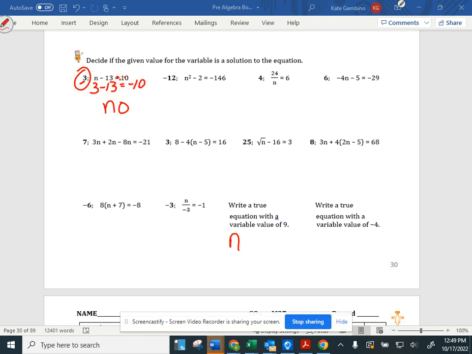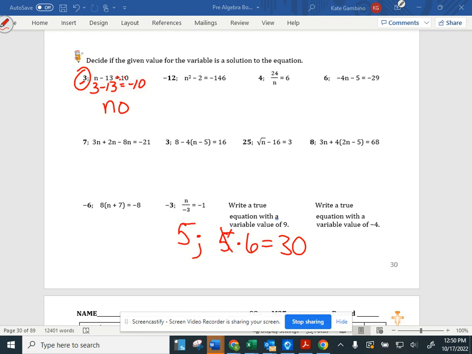So think it through. I don't want to give us an answer, but if my variable was 5, I would write an equation that uses a 5. I could say 5 times 6 equals 30.